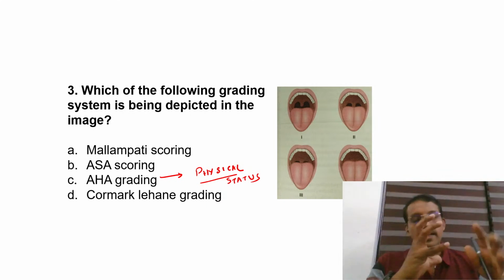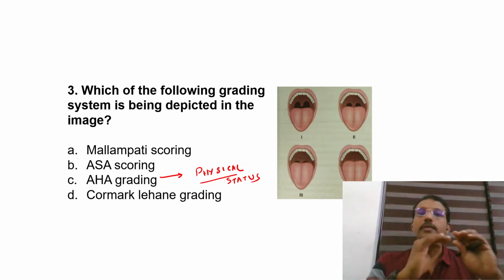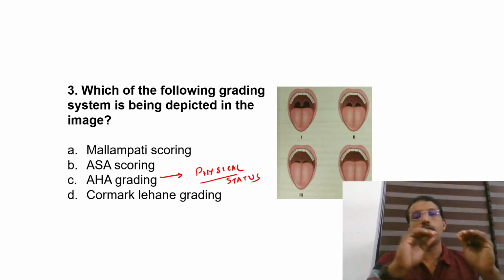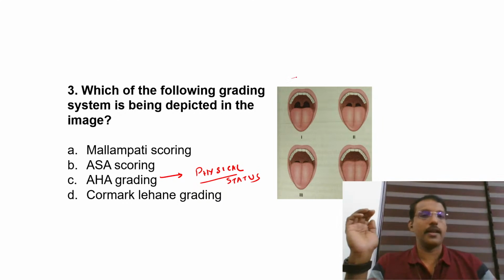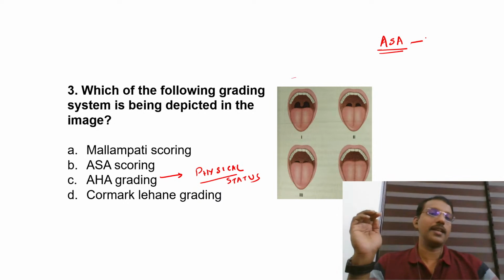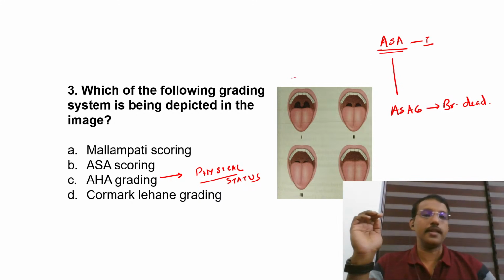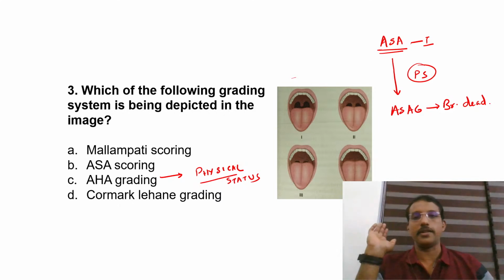After taking all this into consideration, you give a grading as ASA grading from 1 to 6. So ASA 1 is considered a safe patient with less risk, or whose physical status is better, while ASA 6 is a brain dead patient. So this is the grading of ASA, which is usually done for assessing the physical status, while Mallampati is used to assess the airway. That's the difference.